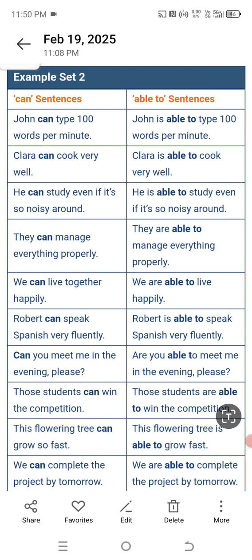Here the can shows the present form, and that's why we have to take the correct to be's present forms, and after that we have to write able to, and then the remaining part of the sentence as it is. So they are able to manage everything properly is the correct answer.